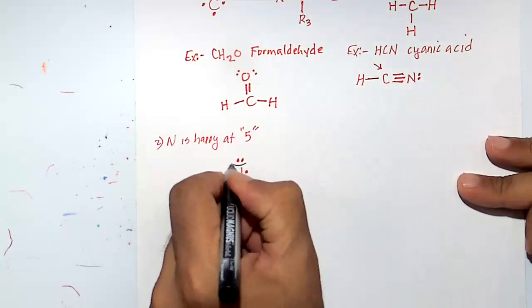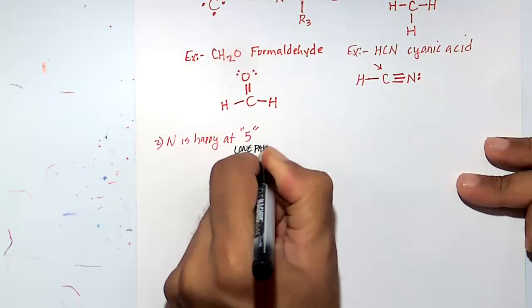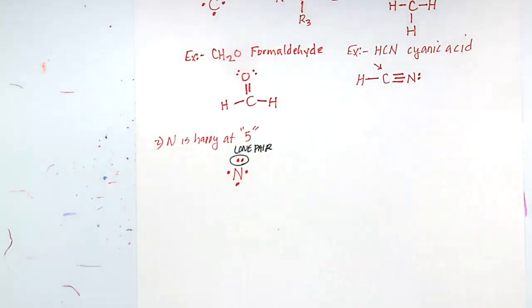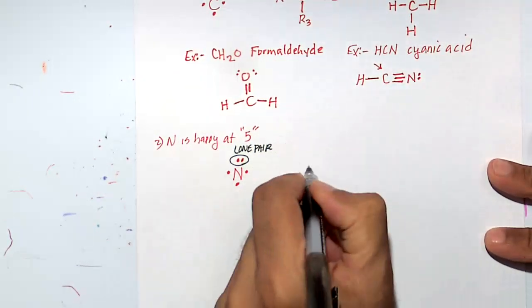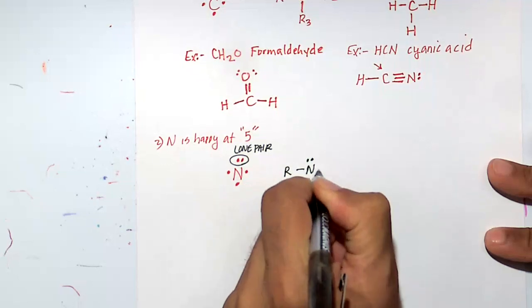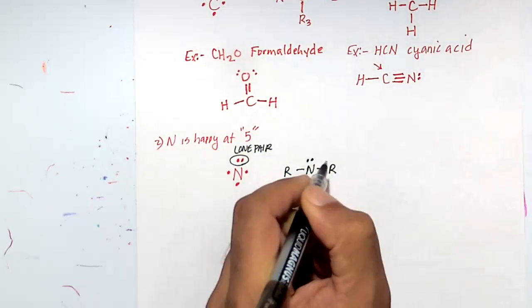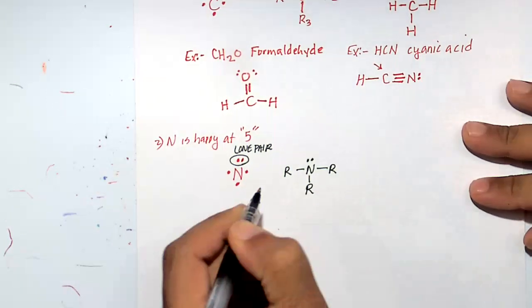Nitrogen has a lone pair. You see that little dot here? I'm going to have that ready to form a bond with something called R. Don't worry about R, it's just any R group substituent. Same thing with the right, and same thing at the bottom.